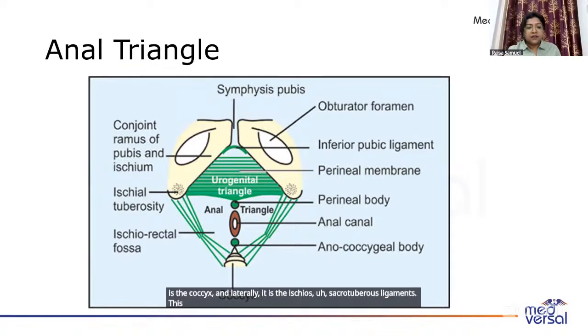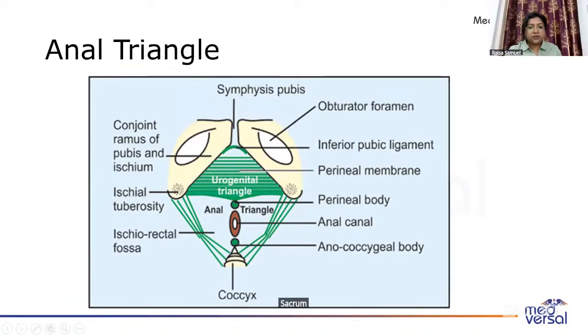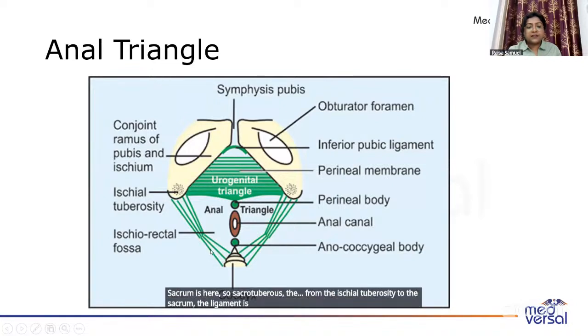This is the sacrum. From the ischial tuberosity to the sacrum, the ligament is present. That is the lateral boundary. And what does it contain? It contains the anal canal, anus, and this is the ischiorectal fossa or ischioanal fossa. Okay.